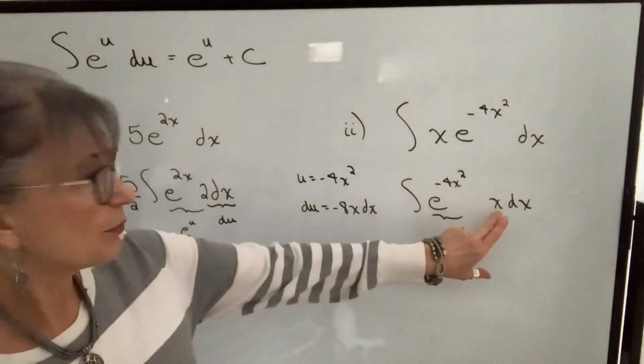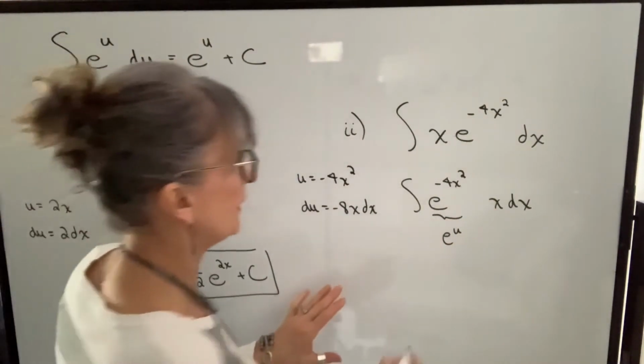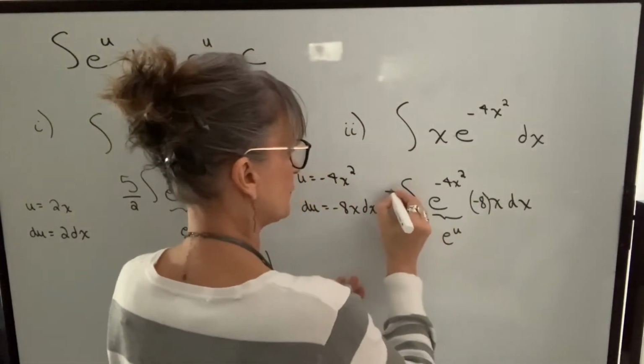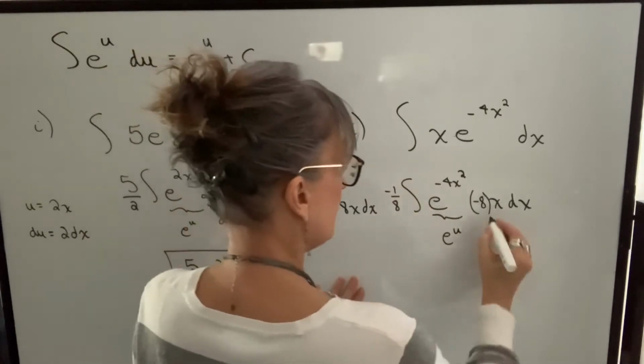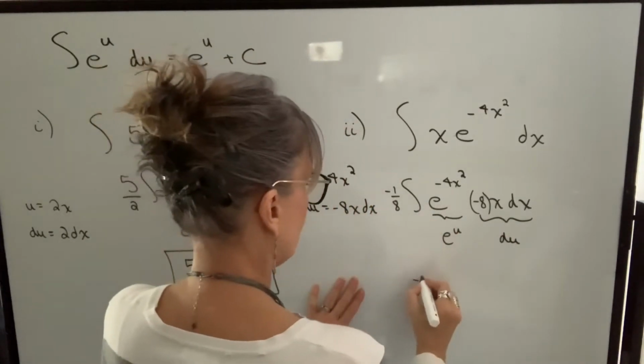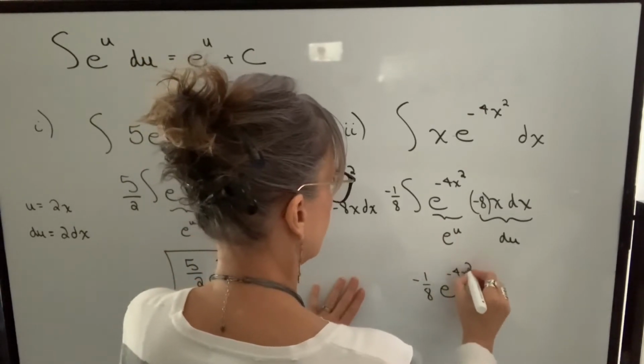We have the most important part of that. We have the function part, but we're missing a factor of negative 8. So we can multiply by negative 8 as long as we also divide by negative 8. Now I have my du factor exact. I can integrate this. It will be negative 1/8 e to the negative 4x squared plus c.